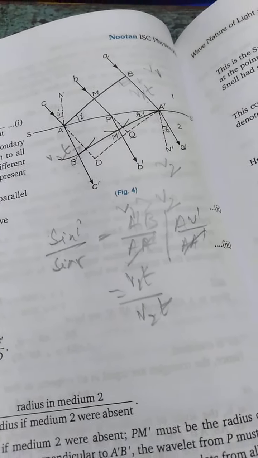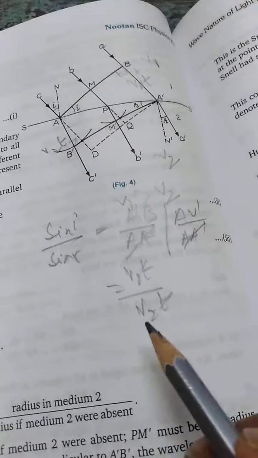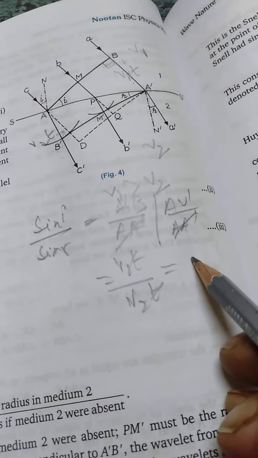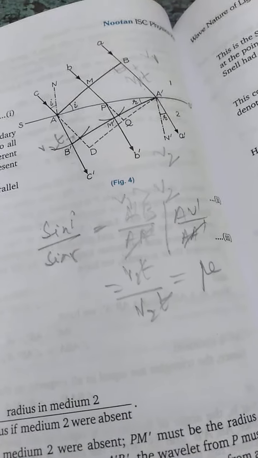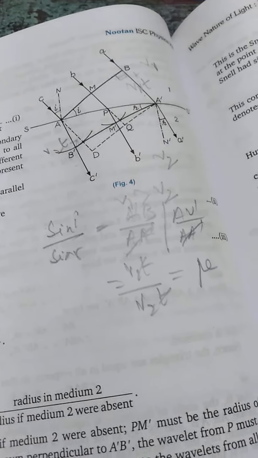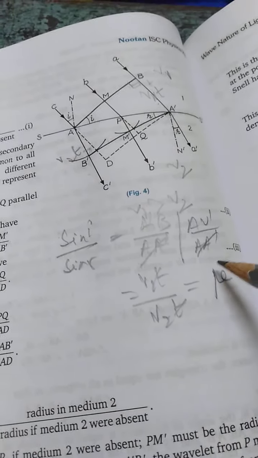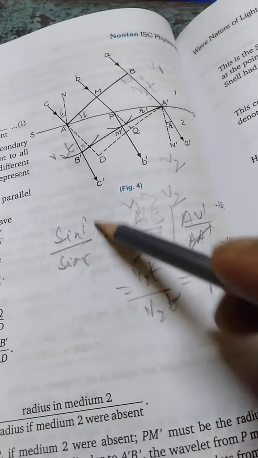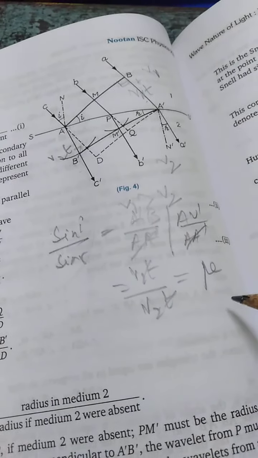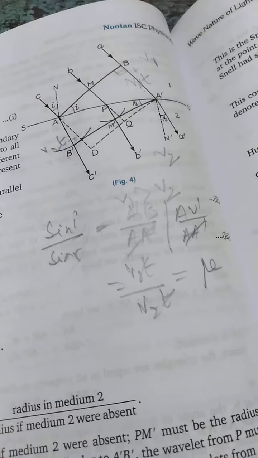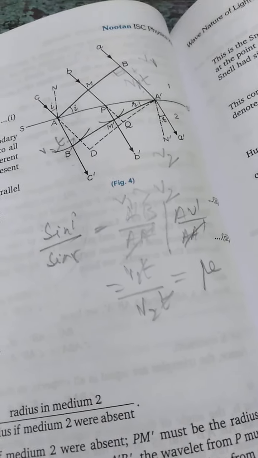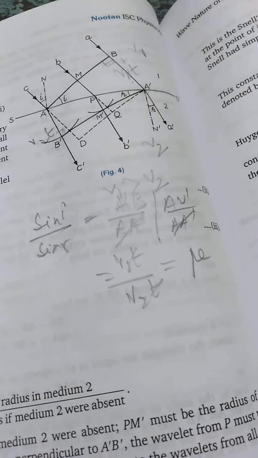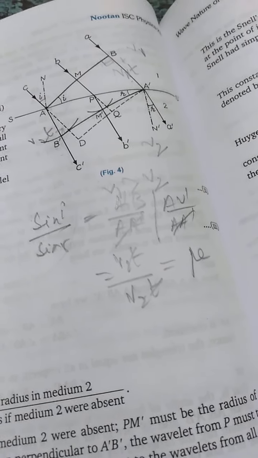And this V1 by V2 we know is the refractive index of the second medium. This we have studied previously. So we can say that sin I by sin R is a constant. And this is the proof of Snell's law on the basis of Huygens principle.